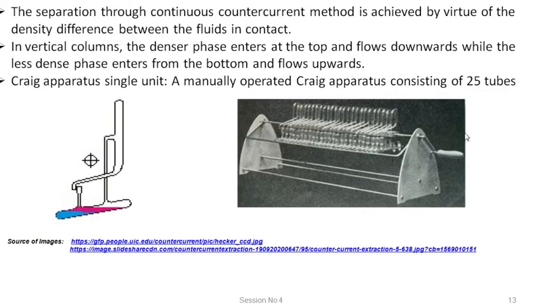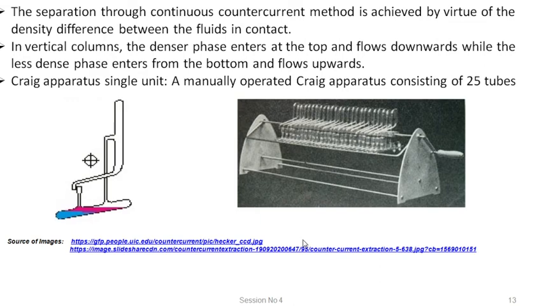So this is how the apparatus looks like. The separation through the continuous countercurrent method is achieved by virtue of the density difference between the fluids in contact. In the previous method, you are passing only one solvent, either light or heavy. Here you are going to pass both light and heavy.